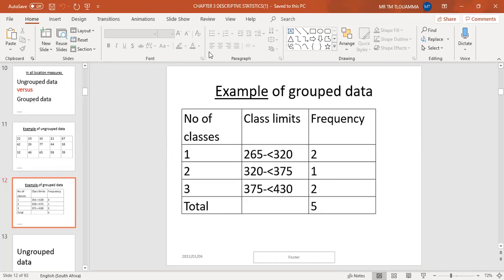So this will be our grouped data, automatically grouped into different classes. There's a huge difference between our first data, which is ungrouped, and this kind of data. So you can identify which one is grouped and which one is ungrouped.